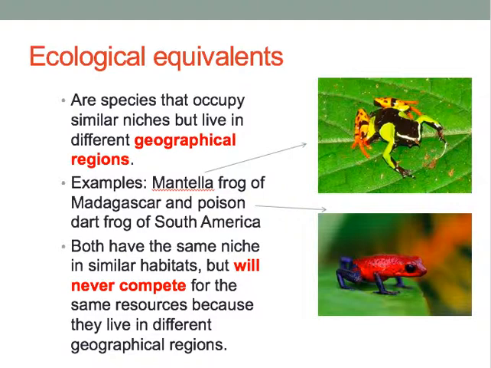They're going to fulfill the same role in a very similar environment. An example might be a certain type of frog in Madagascar and a different type of frog in South America. Both have generally the same ecosystem, and they play the same role in that ecosystem, but they are never going to compete for the same resources because they live in different places.